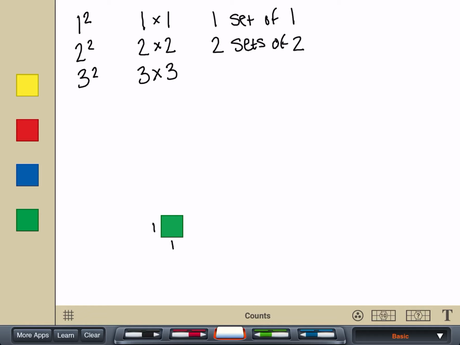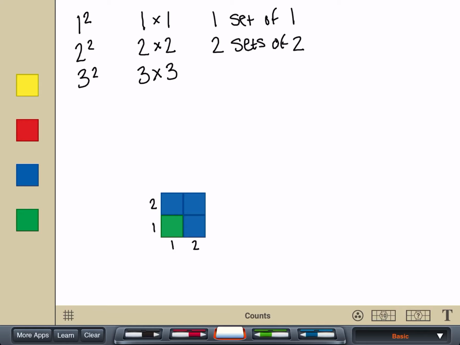So right now we have 1 over and 1 up. We need 2 over and 2 up. So 1, 2, 1, 2.